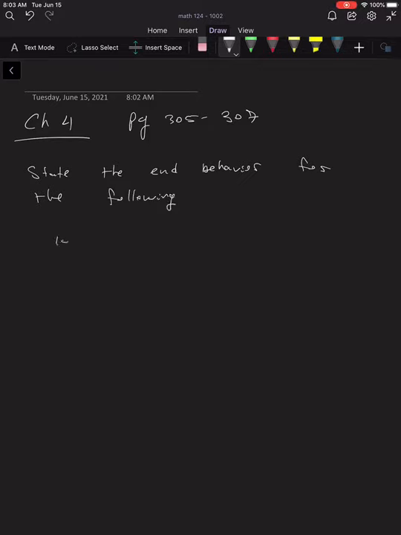For number 10, we have f of x is equal to minus 1/2 x to the 4th plus 3x squared plus x minus 6. And remember, with end behavior, all we care about is the term that has the biggest exponent. So in this situation, the term with the biggest exponent is this term.